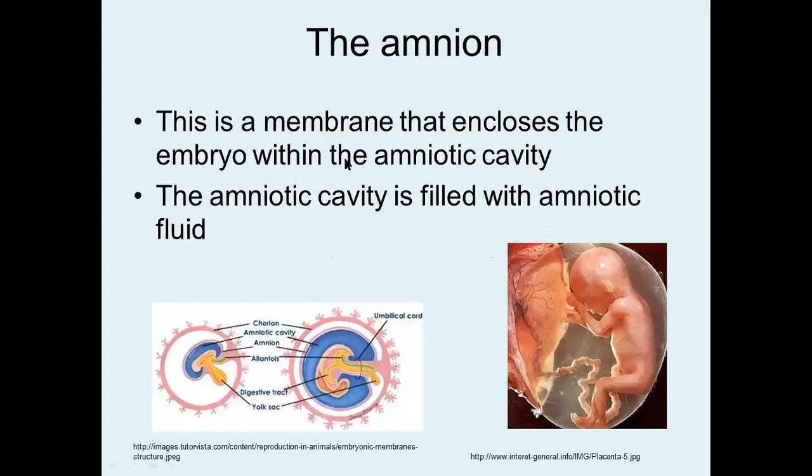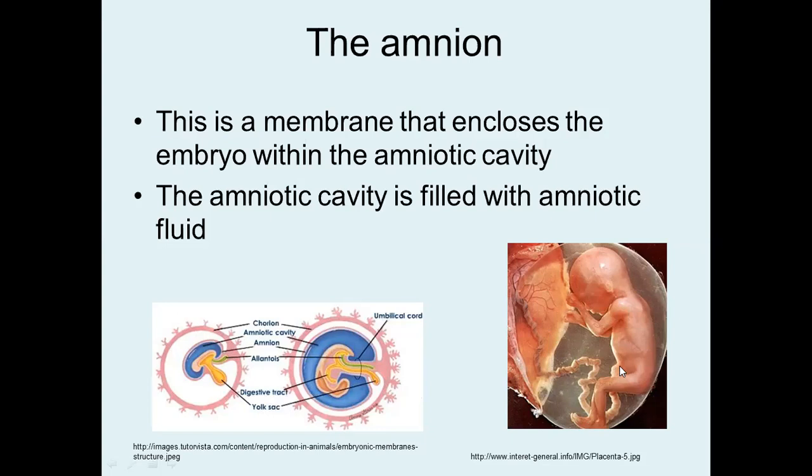We've spoken about the amnion being the membrane that encloses the embryo within the amniotic cavity. So this beautiful photograph shows the amniotic membrane, amniotic fluid, and look how long the umbilical cord is.